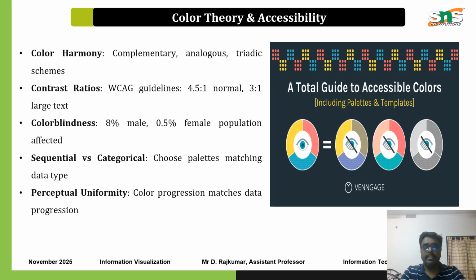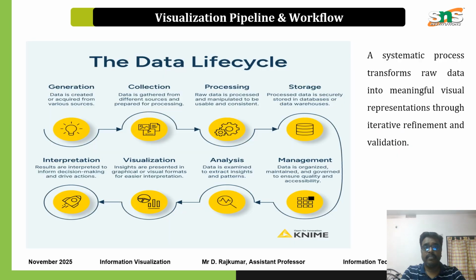Color blindness affects about 8 percent of males and 0.5 percent of females. For sequential and categorical data, we use palettes matching different types of data, and perceptual uniformity deals with the color progression matching the data progression. So the usage of color is very, very important in visualization.